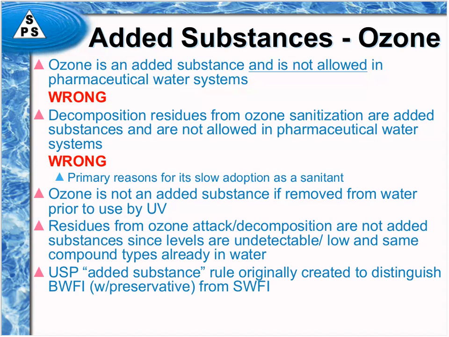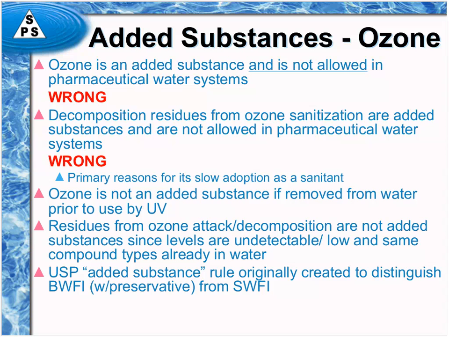And so you've got to understand that the added substance rule that now exists in most of the monographs in USP originally was created way, way back at the time when bacteriostatic water for injection was put into the monograph. Bacteriostatic water for injection is sterile water for injection that has had a preservative added to it, and it's used for multi-dose dosage forms, often like vaccines and things like that.